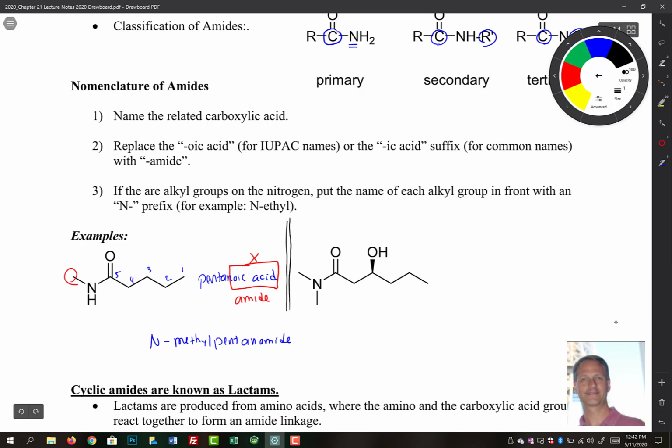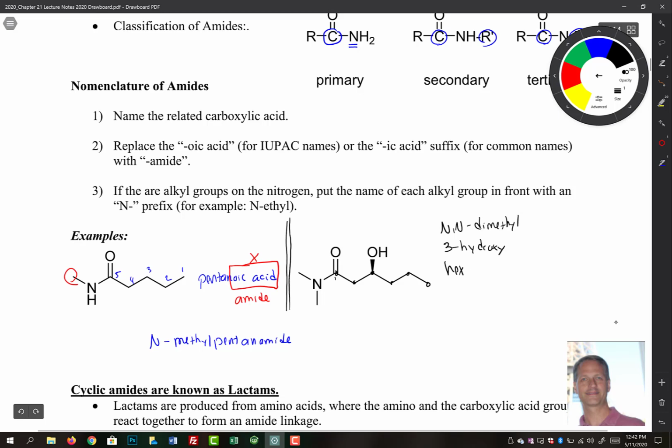Now, if we have a larger carbon chain with more substituents, it's the same principle. So here, this is your carbon number 1, 2, that's a 3. So it's an N,N-dimethyl, right? You got 2 of them. Then 1, 2, 3 hydroxy. And then how many carbons does this have? So 1, 2, 3, 4, 5, 6. So it's hex.